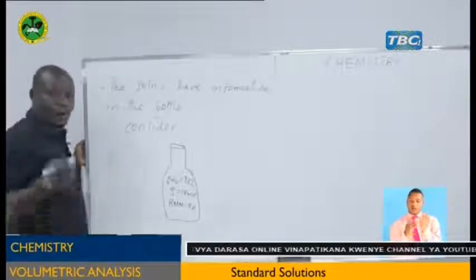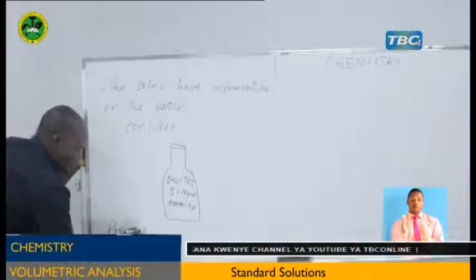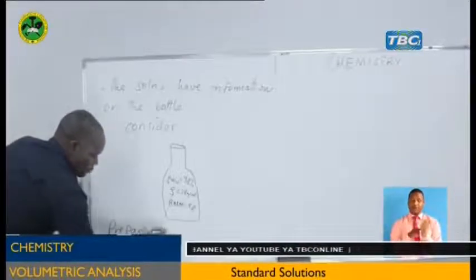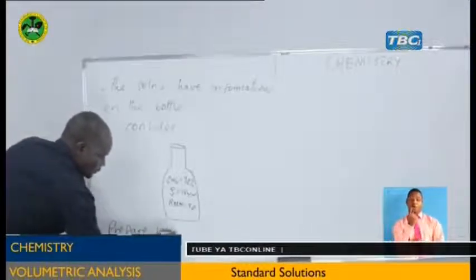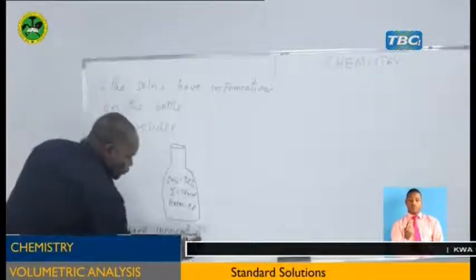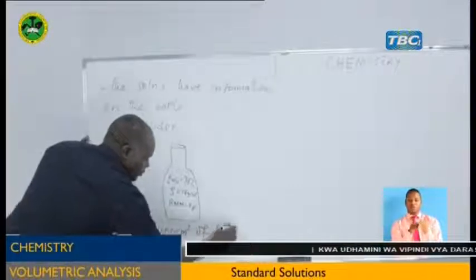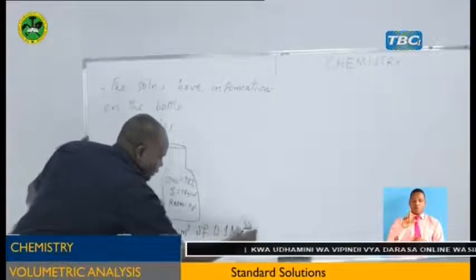Now let's say that you have been asked to prepare 1 liter, which is 1,000 cubic centimeter, of 0.1 mole sulfuric acid.